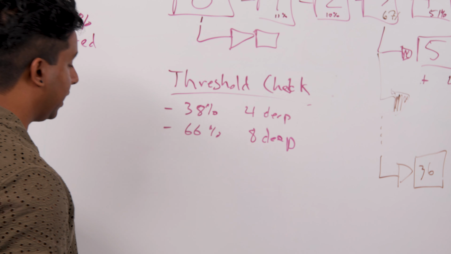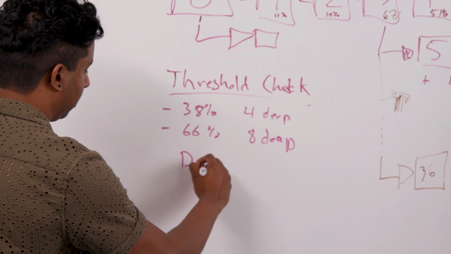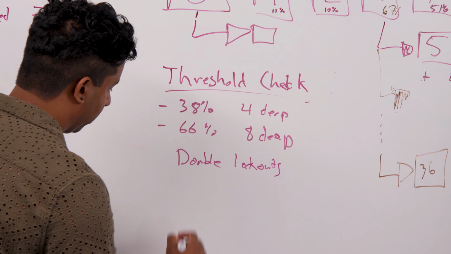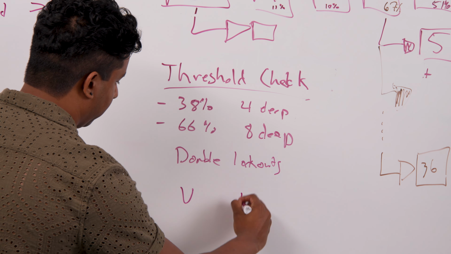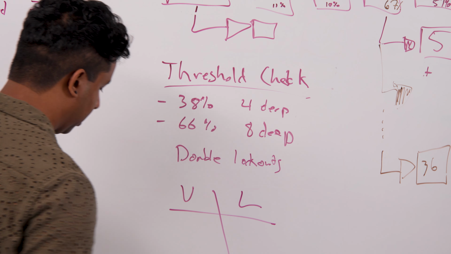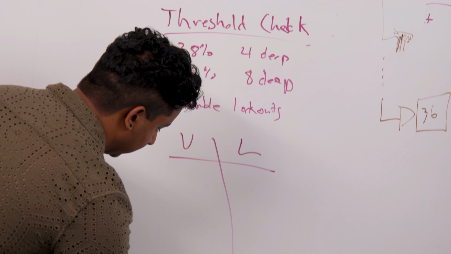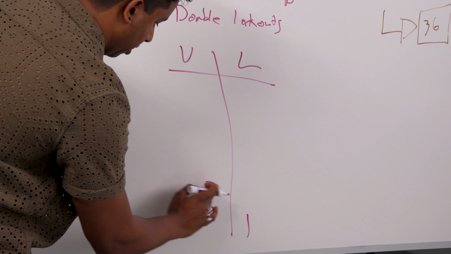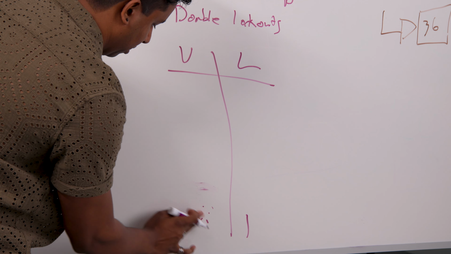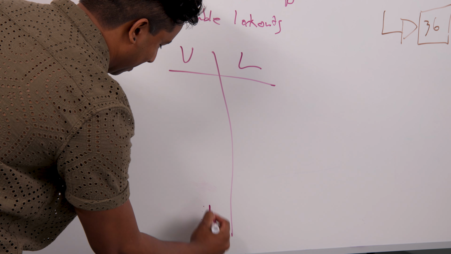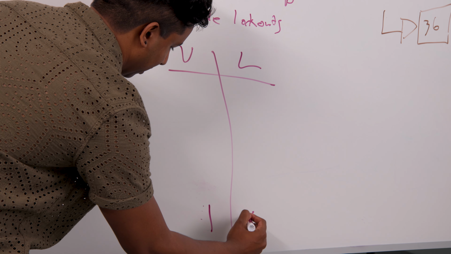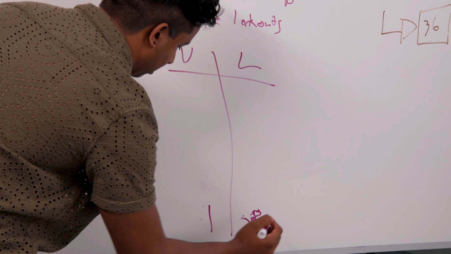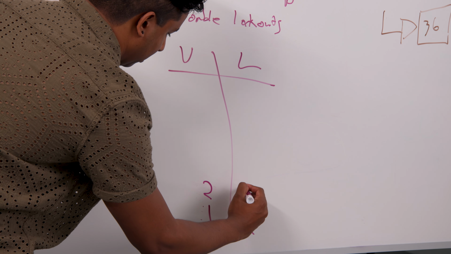And the basic idea is when you double lockouts, so let's say my tower has 8 votes here. This is lockout 1, then this is 2 to the 8.